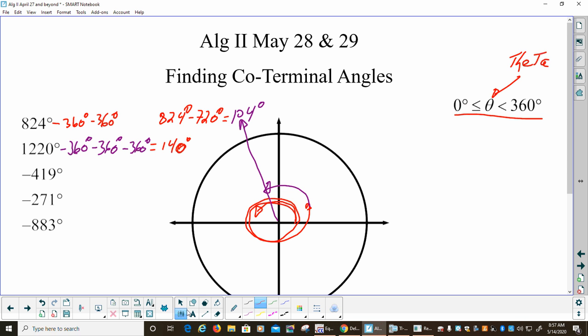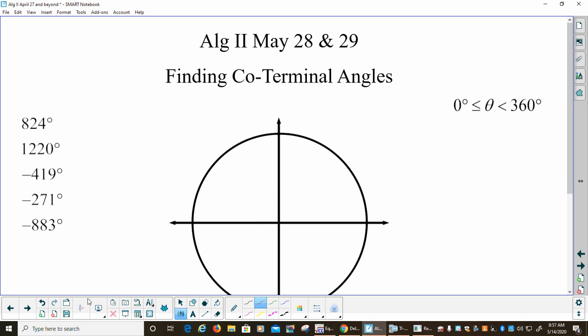Okay. Negative angles are a little bit harder. Not much. Back to this, what I did is I subtracted 360 every time. Okay, negative 419. So that'd be this rotation, negative 360 degrees.